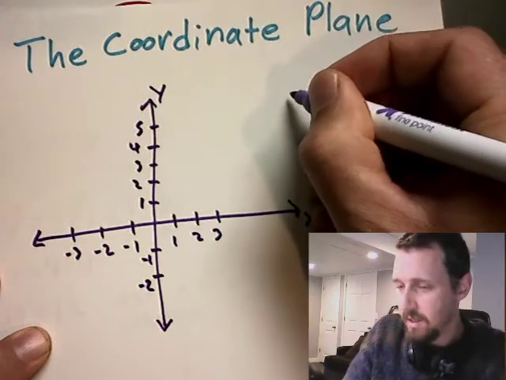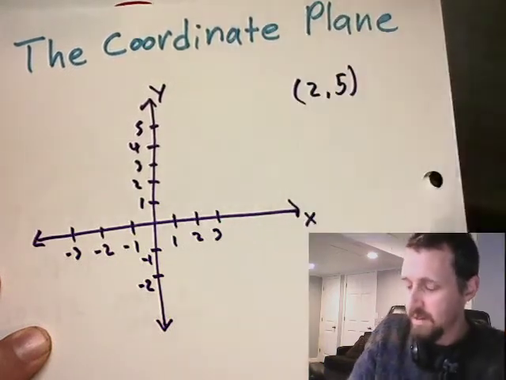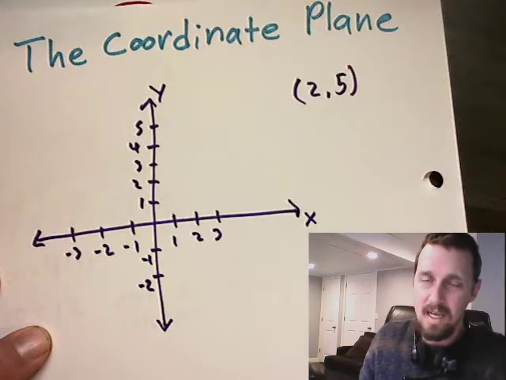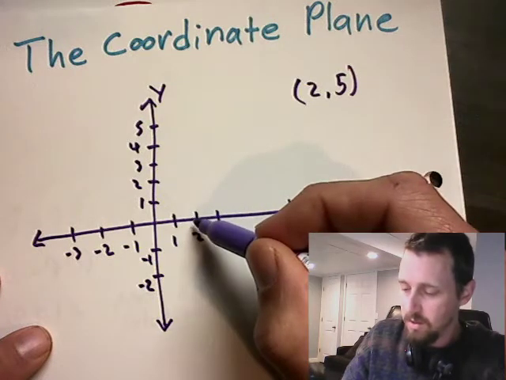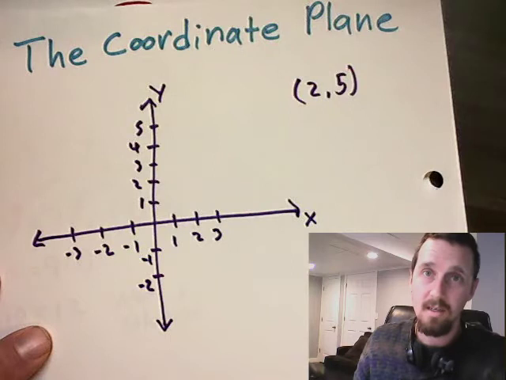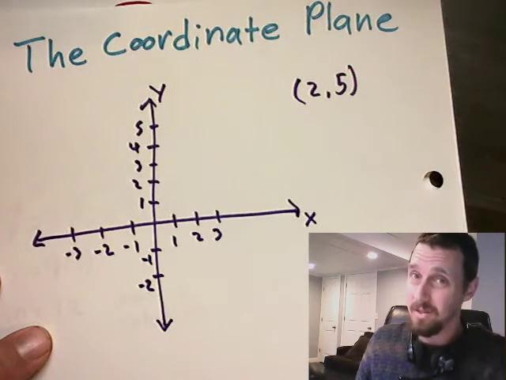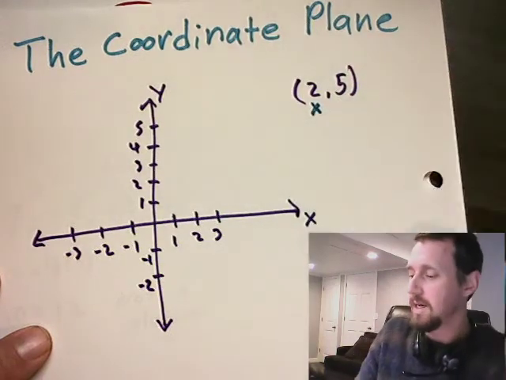So, if I was given the ordered pair, for example, (2, 5), I could also represent that as a point on the coordinate plane. So 2 is my... remember which one goes first, x or y? I like to remember that it's in alphabetical order. So in the alphabet, x comes before y, just like in ordered pairs, x comes before y.